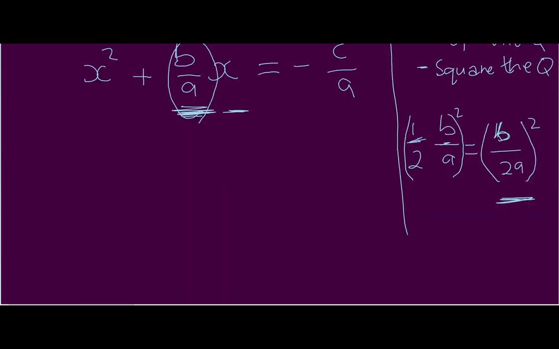Then from this step, we're going to take this simplified value and add it into this equation, both sides, obviously, because what you do on the left you must do on the right.